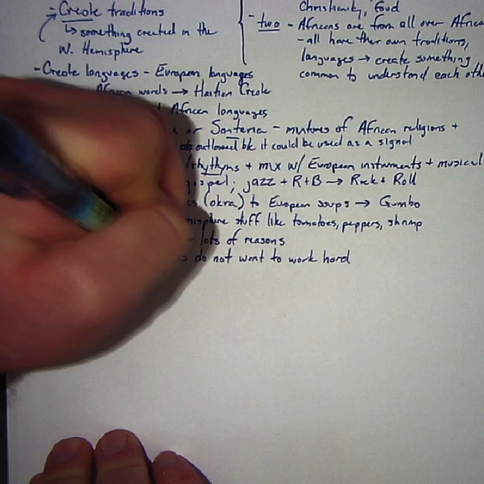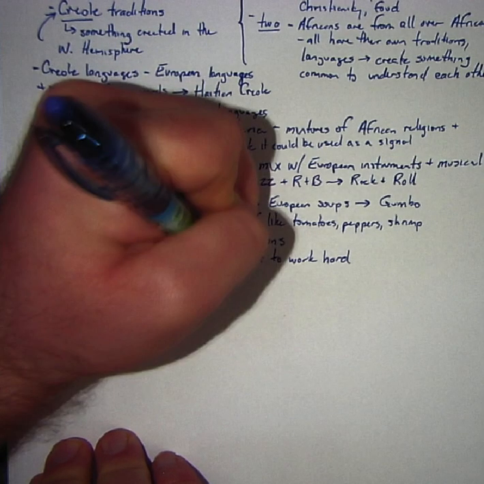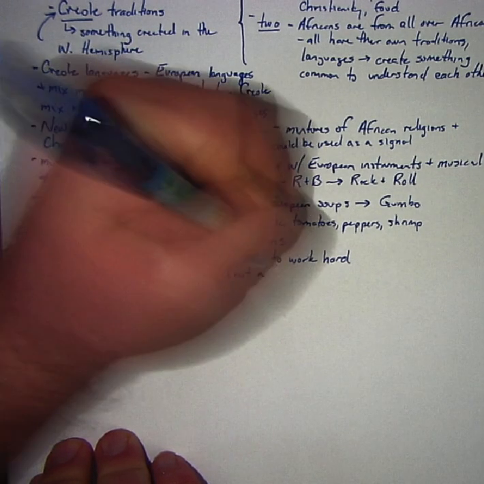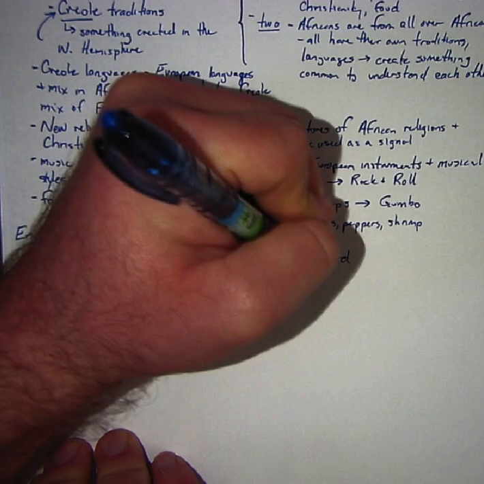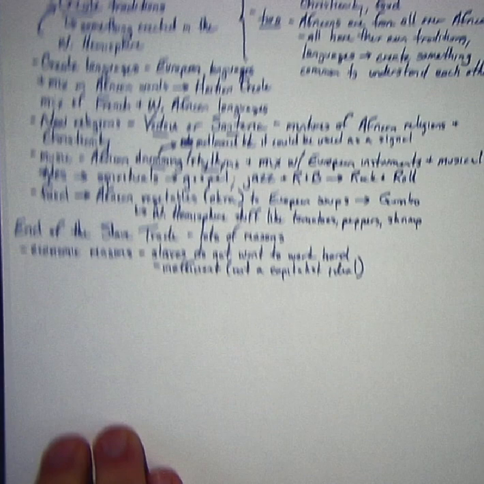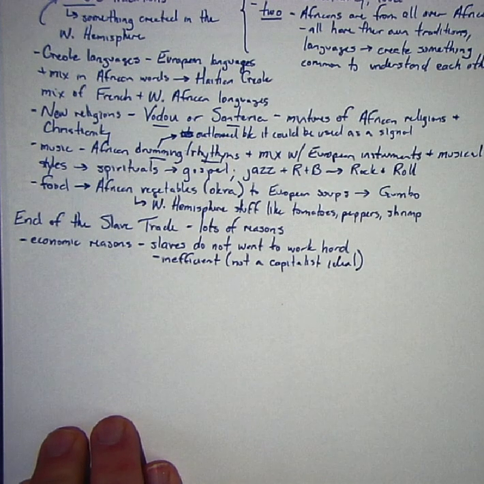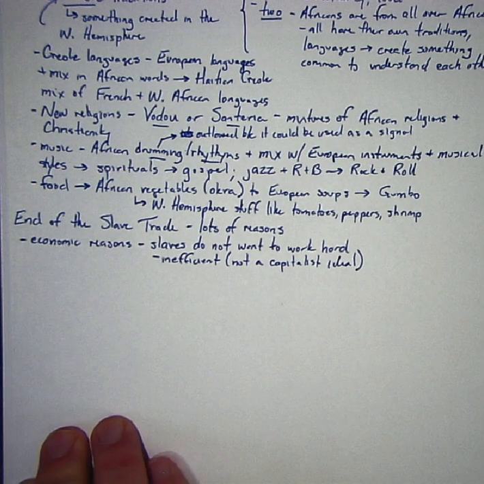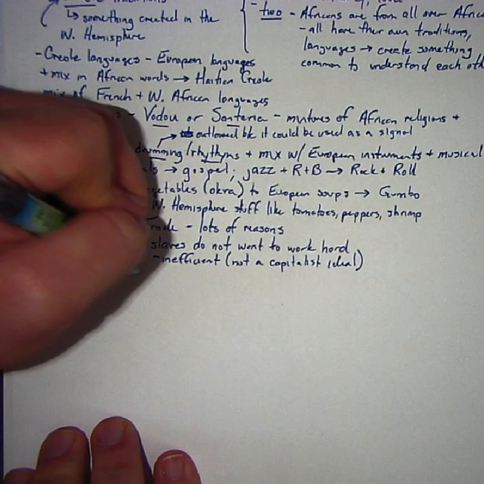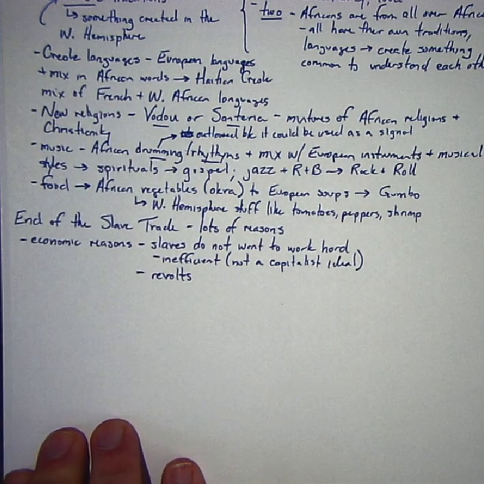So this is inefficient and not a capitalist ideal. Right? Because if capitalism is about trying to make as much profit as you can efficiently, slavery does not meet that goal. There are also lots of examples of slave revolts.